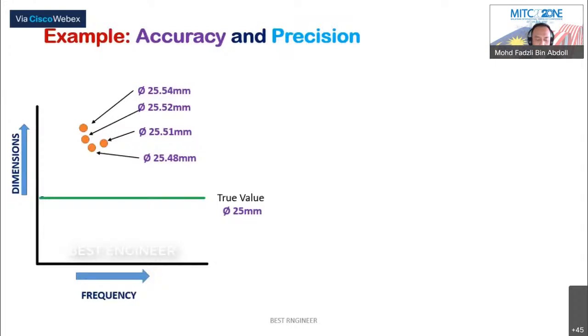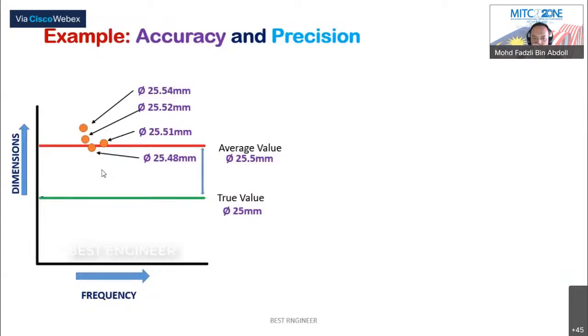Suppose the different kind of measuring process give the repeatance here. So the average value is 25.5 mm. Now the values here are very close to each other, so the repeatance given by the different measuring process. So here the four measuring process are precise.